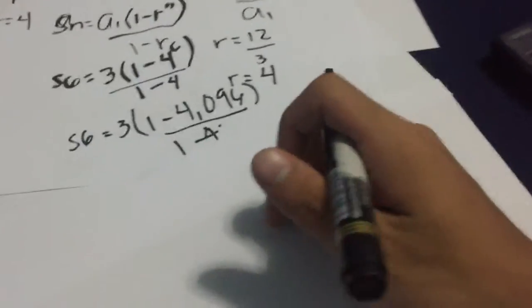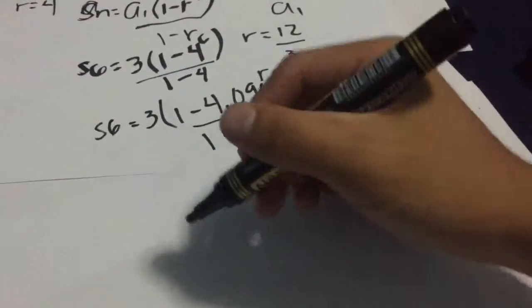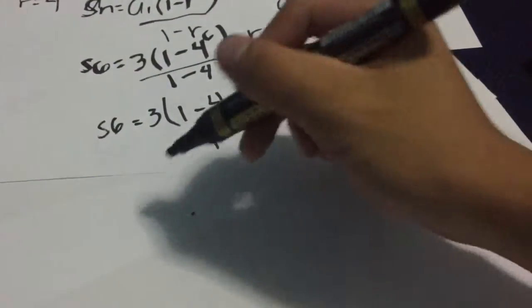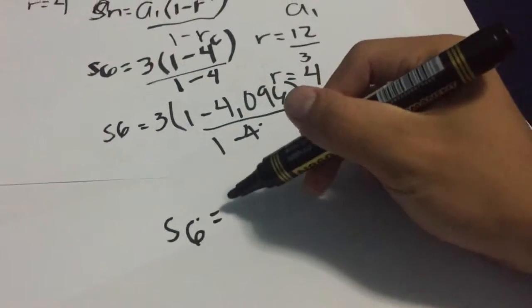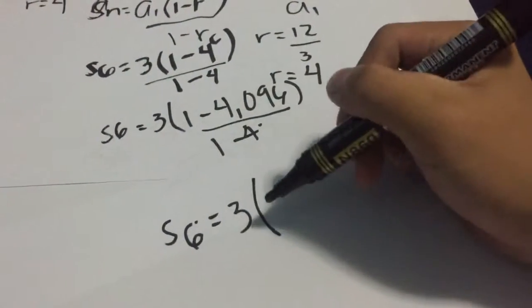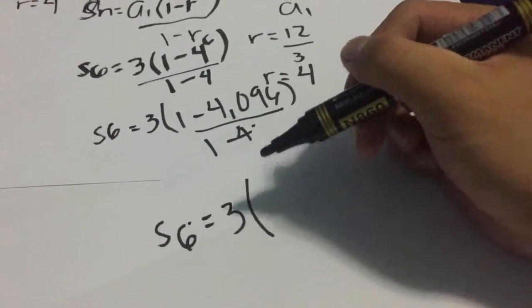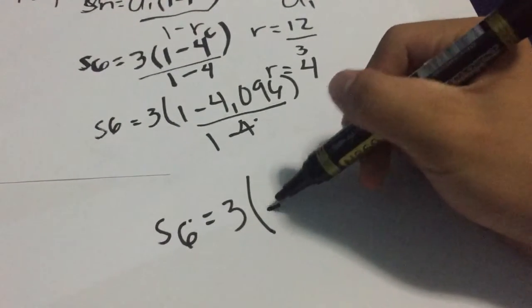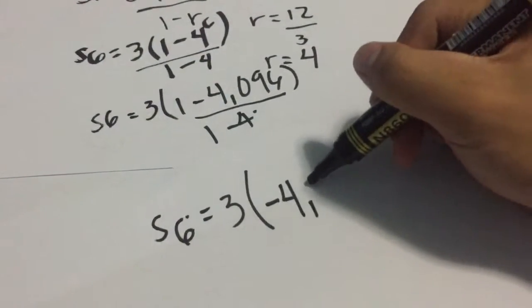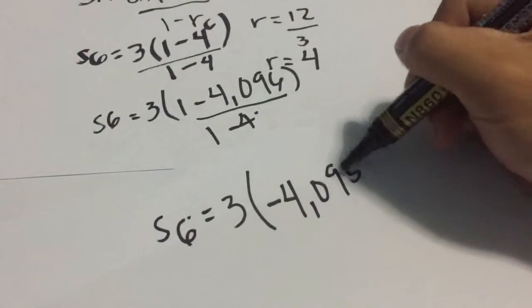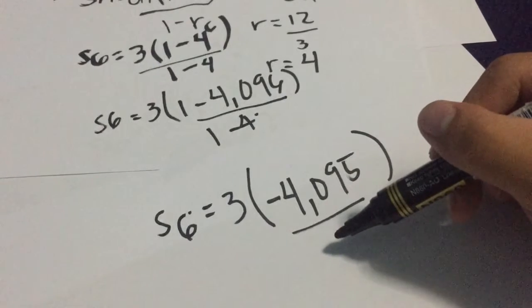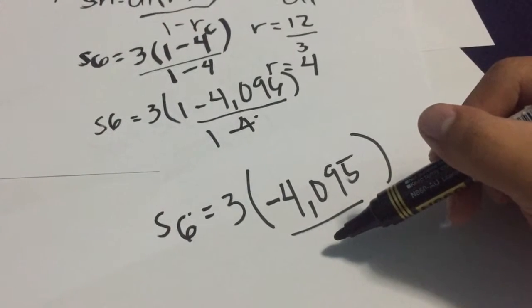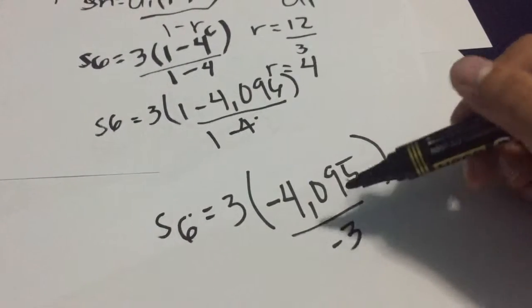So let us subtract these numbers. So S6, 3 times 1 minus 4096, 1 minus 4096 is equal to negative 4095, and 1 minus 4 is equal to negative 3. I'm sorry.